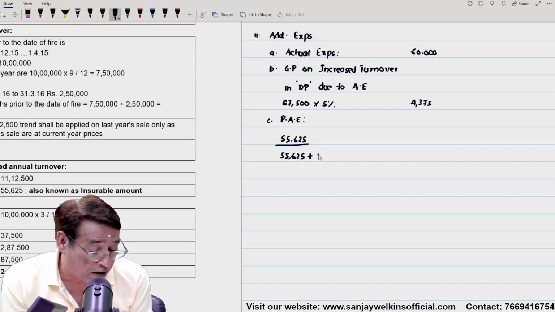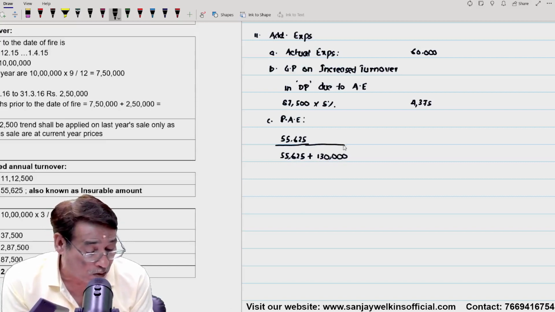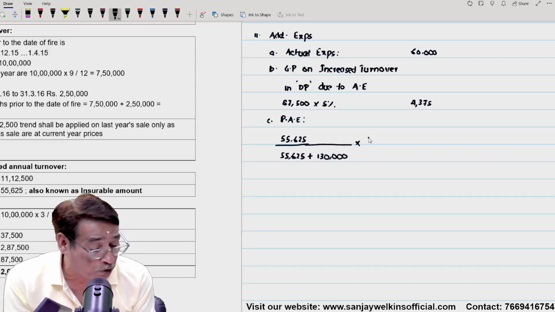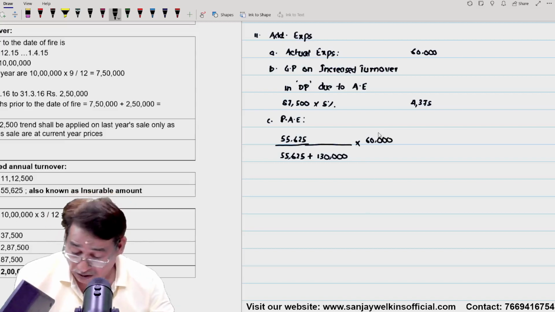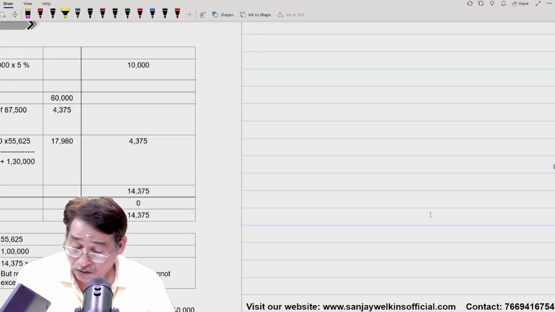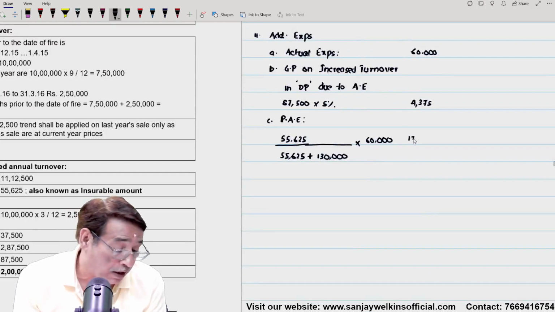But add uninsured standing charges, which is 1,30,000. Now multiply it with actual expenses, that is 60,000. Correct? This figure will be equal to 17,980.